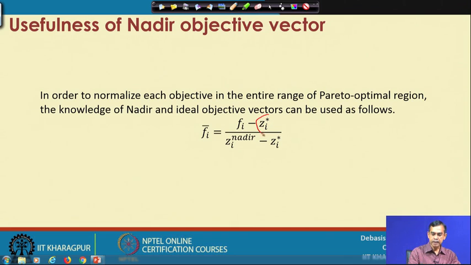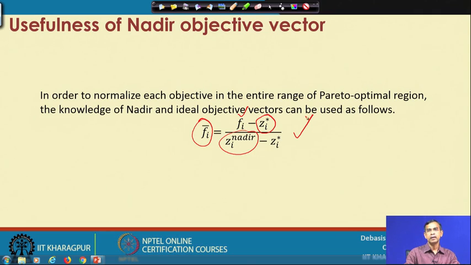If Zi star is the ideal objective solution, fi is any objective vector, and Zi Nadir corresponds to the Nadir objective solution, then the scaled objective function can be denoted by this, and it satisfies this formula.